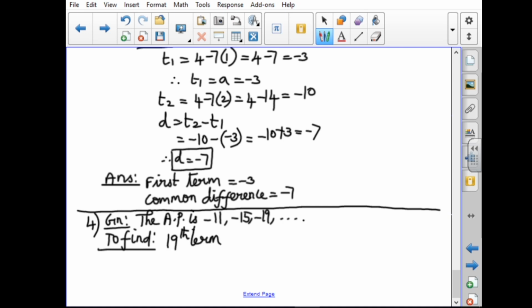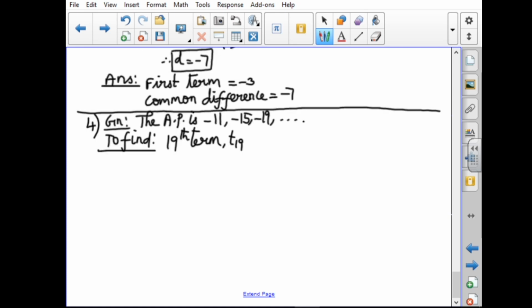The 19th term we denote by the symbol T19. So, solution. The first term A equal to minus 11.